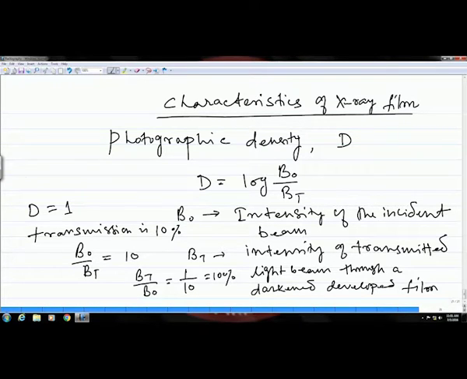Similarly, if D is 2, then the transmission will be 1%. Because in that case I t by I naught will be 1 by 100. So, it is 1%.